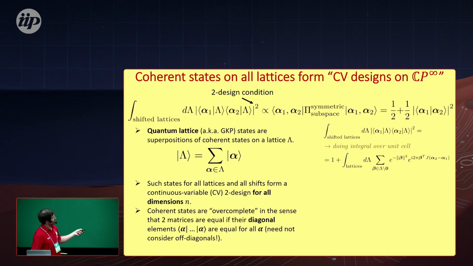Okay, so first we get rid of all the shifts that all the lattices can have. Each lattice can be shifted to a point inside its unit cell to give you a shifted version of it. We do that integral, it's a Gaussian integral, we get this thing. Now we have this insane looking integral, we simplify it, and so we're still stuck with this weird integral over all lattices.